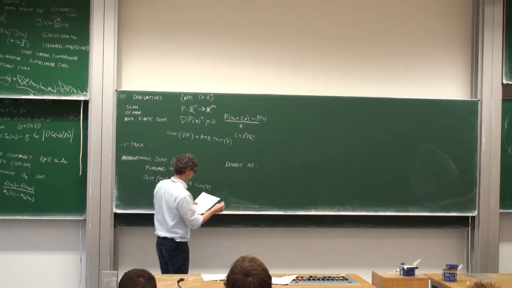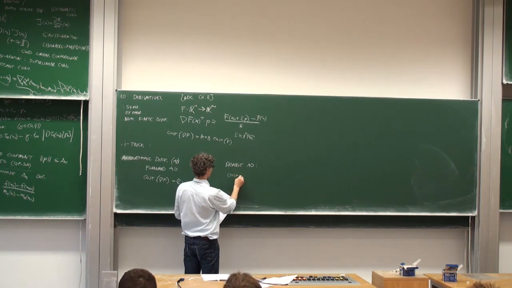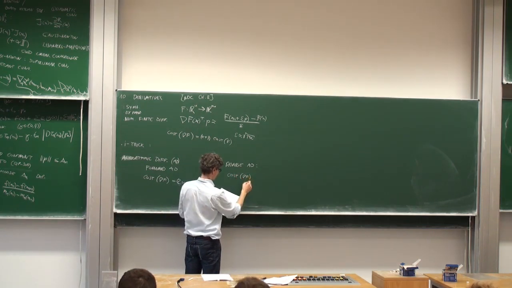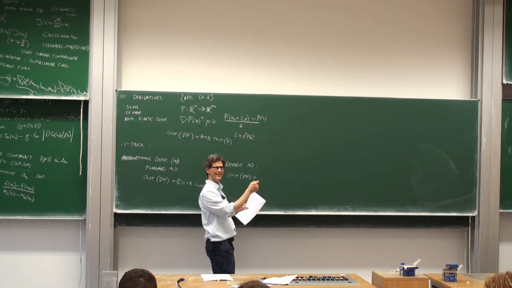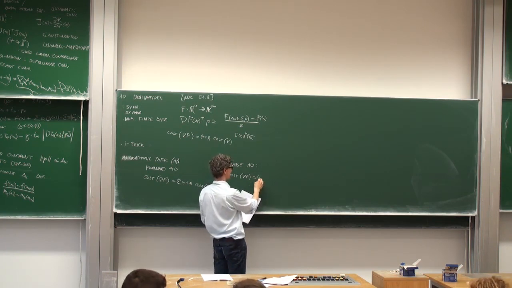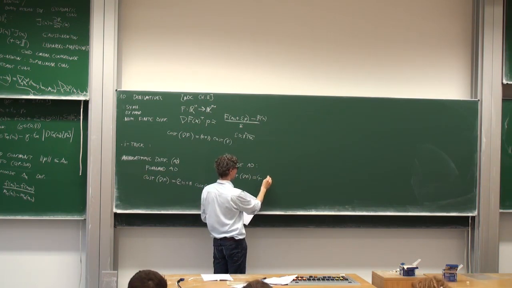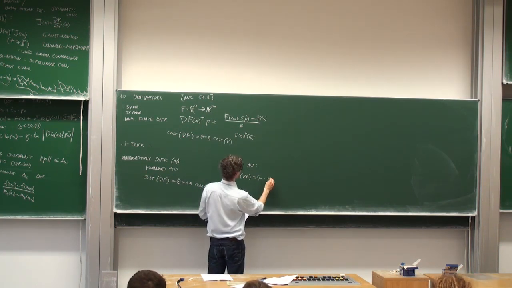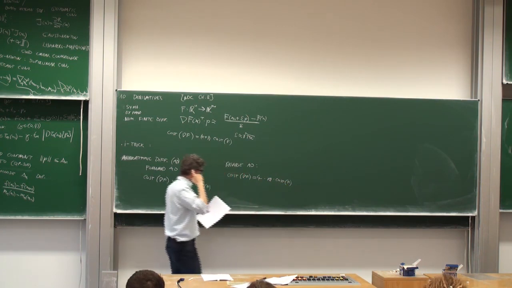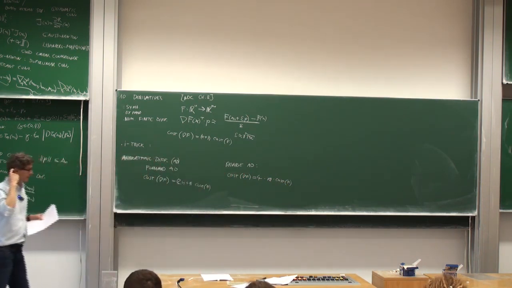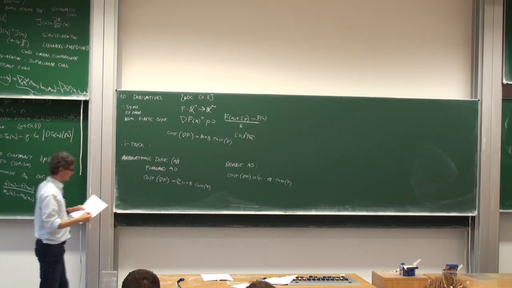And for reverse AD, the cost to get the whole Jacobian is equal to about 3 to 4. Let's be safe and write 4. And it will be m times the cost of f. So it depends now on the number of outputs and not on the number of inputs anymore, and that's exciting.